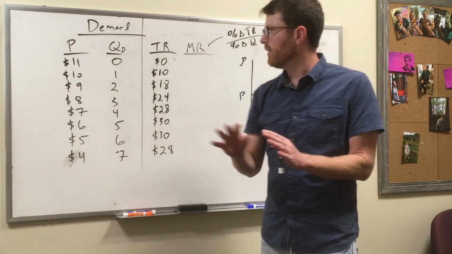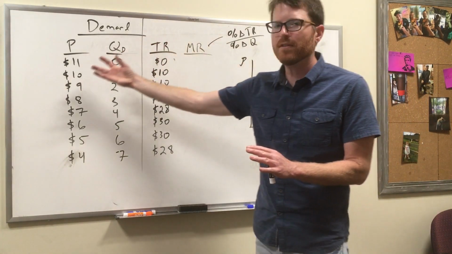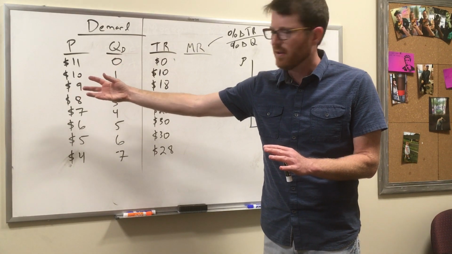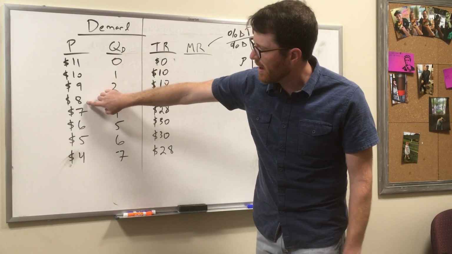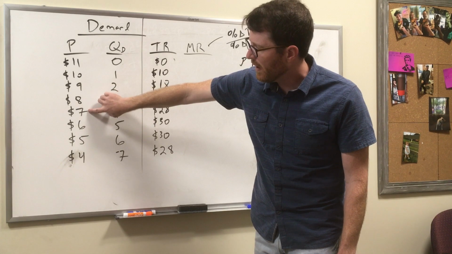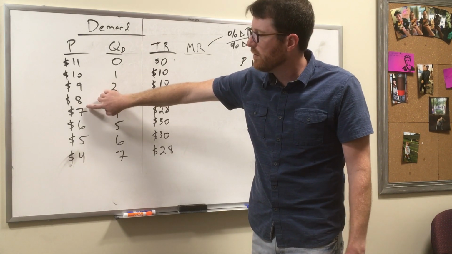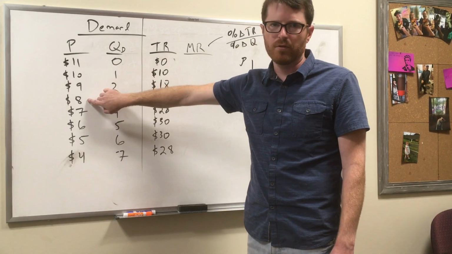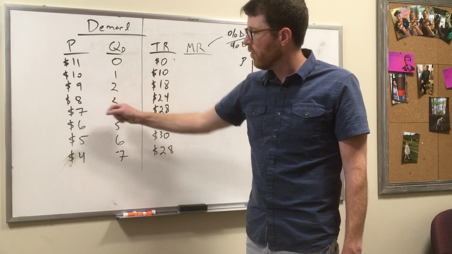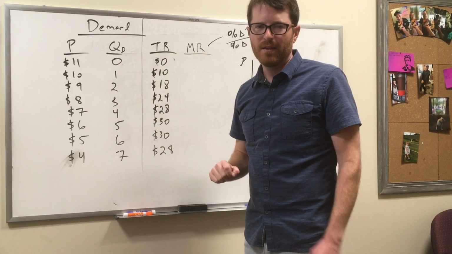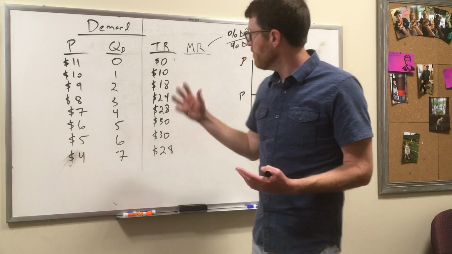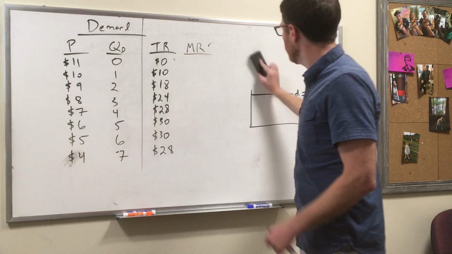So what that means is the marginal revenue is not the same as the price. If they want to go from $8 to $7, you see, it's not like they're just gaining $7. No, they're having to reduce the price of all consumers from 8 to 7 in order to get that extra unit. Tricky conceptually, but mathematically you'll see this is not so hard.